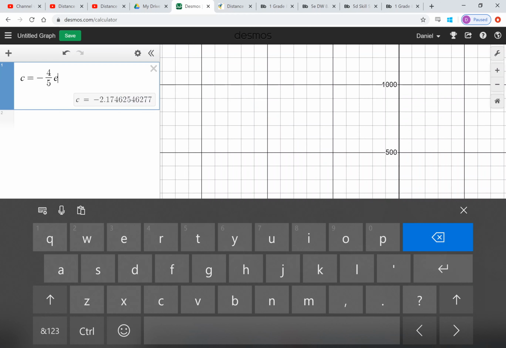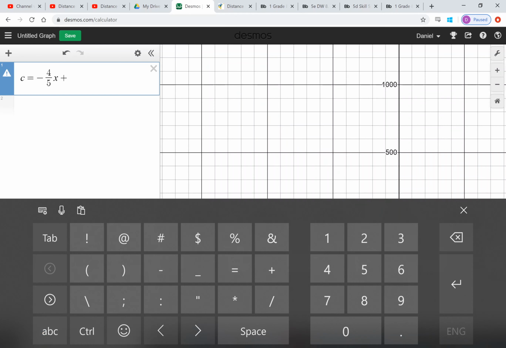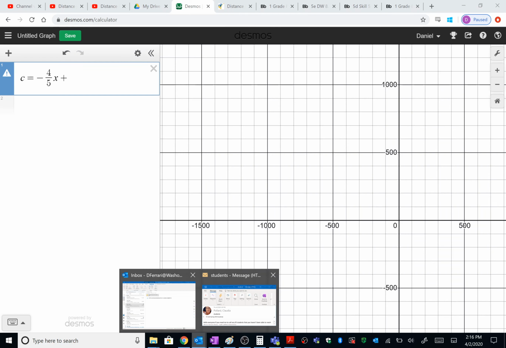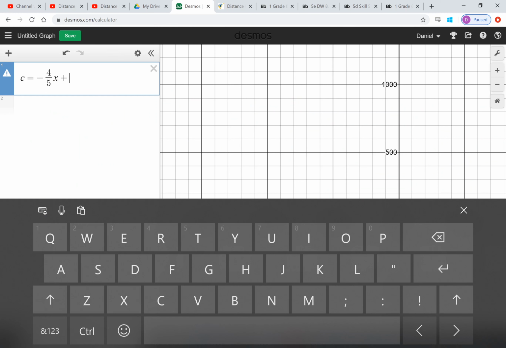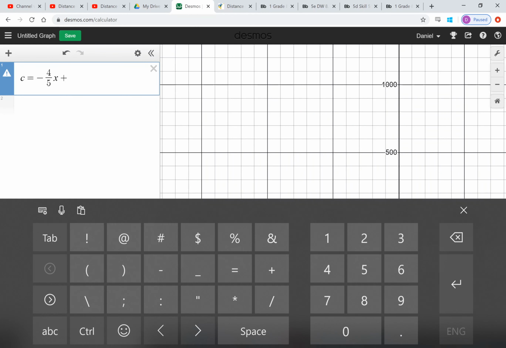Oh, it's not going to like e. I'm going to use x just for the sake of Desmos, because e is actually a number in math later on. And this one was 5.6, I believe, wasn't it? Yes, it was. Plus 5.6.